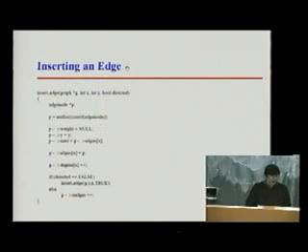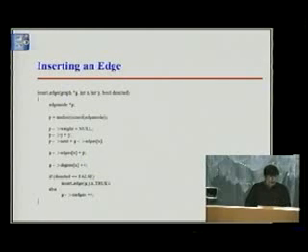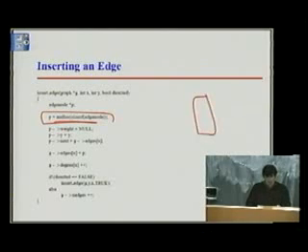What does insert edge do? It starts out by allocating space. If you're a C person, you worry about that. If you're a Java person, maybe you didn't worry about that because of garbage collection. It allocates the node for me to add that element to the link. In this case, it's an unweighted graph, so the weight is nothing.